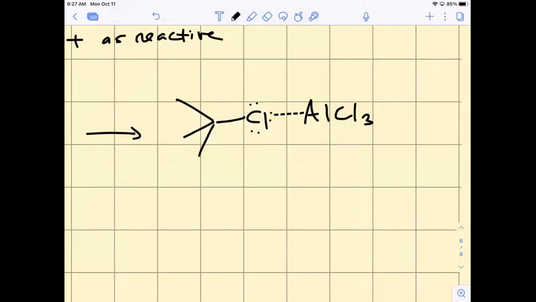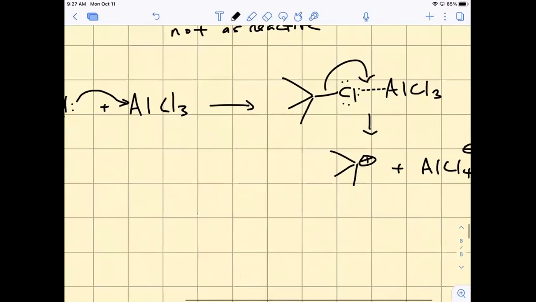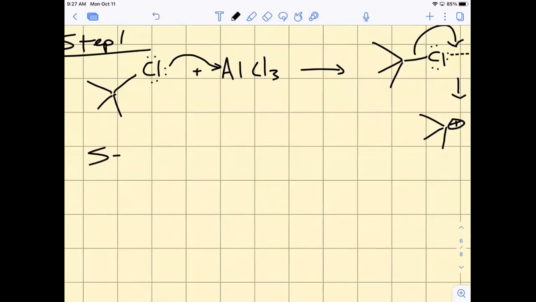All right, so that's a coordinate covalent bond. And then you lose your halogen. All right, so you end up with a carbocation like so. And this is negative, right? So then it's the carbocation that gets attacked in the second step.